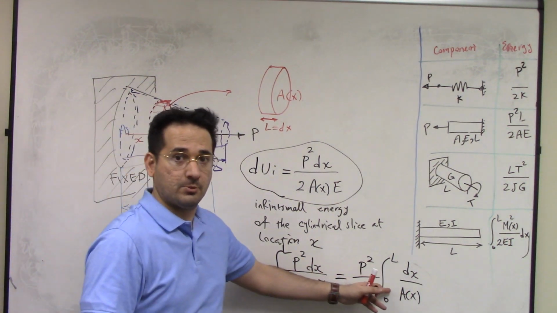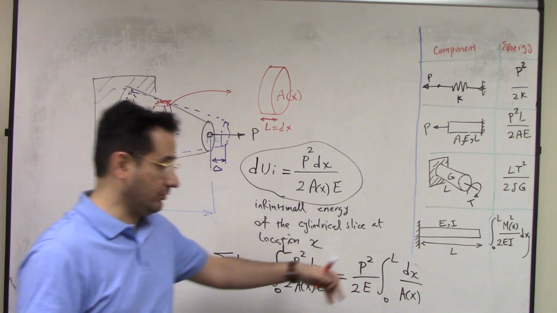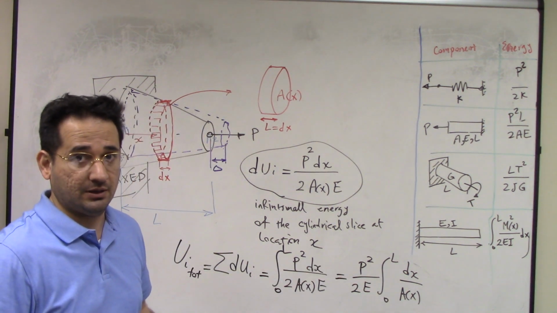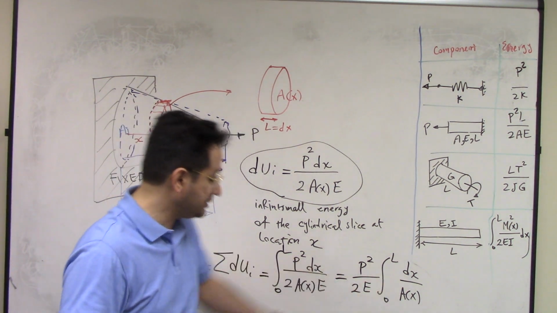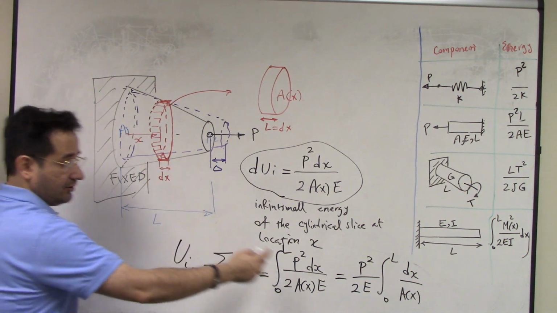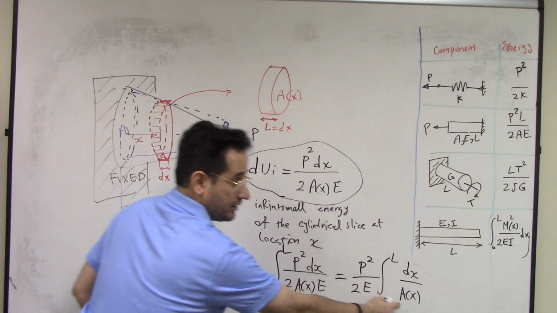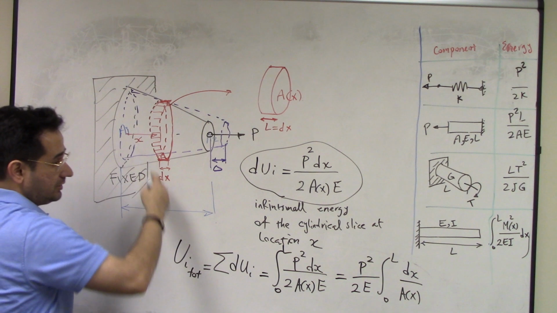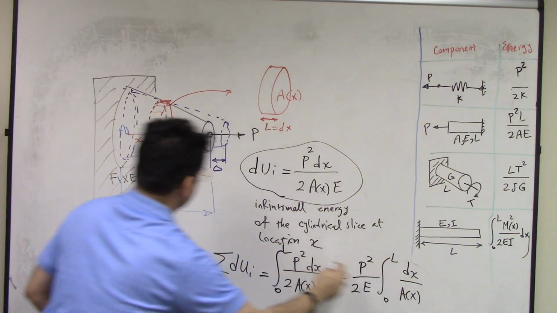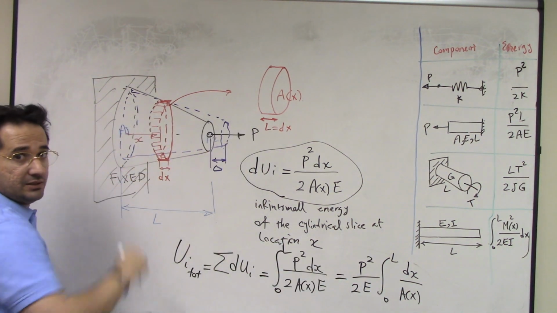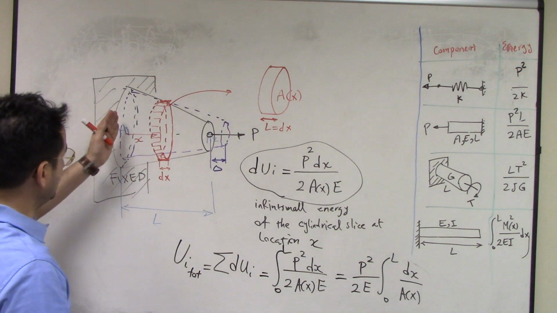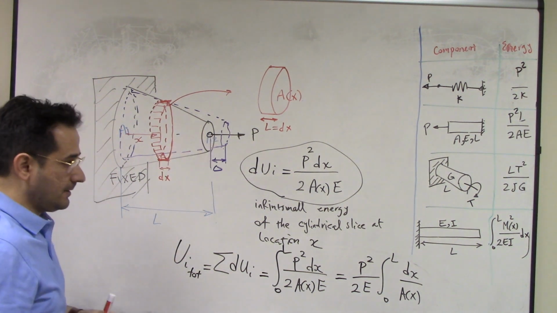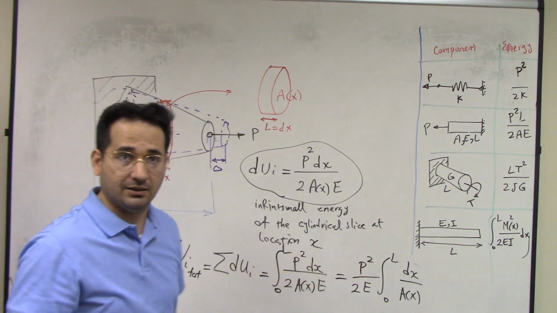I won't solve the rest of it. You have to find a relation for the cross-sectional area, not diameter, not radius, the cross-sectional area at this point. You have to find the relation for this versus x. This relation is very simple. It depends on A1, A2. And then you have to integrate it.